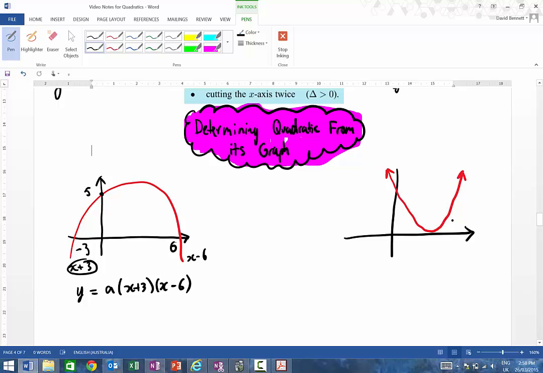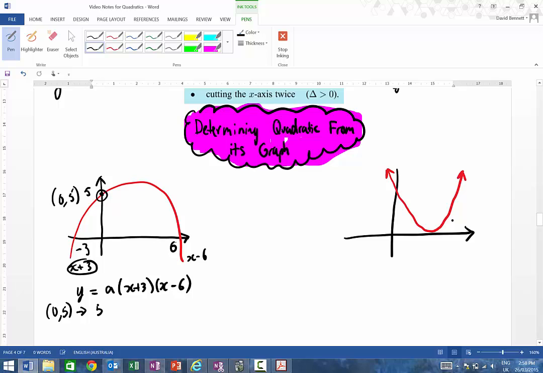Now, this point here that we're looking at is in fact (0, 5). My x coordinate is 0, and my y coordinate is 5, my y-intercept. So what I can do is put that value into my equation.